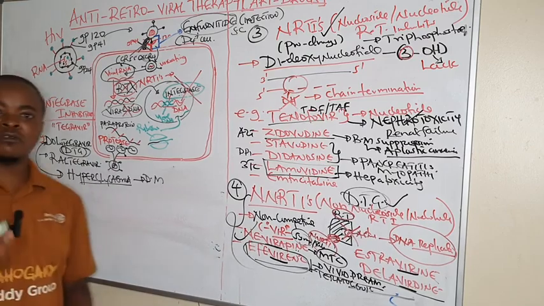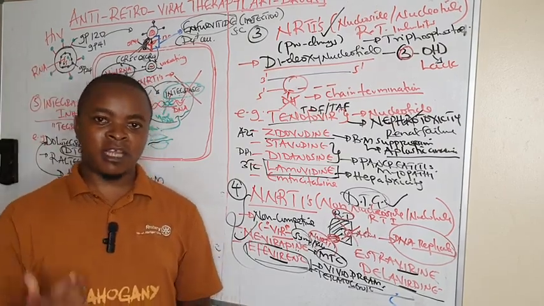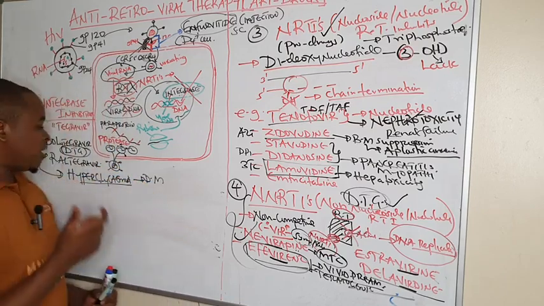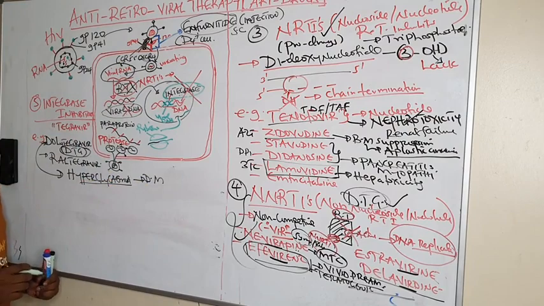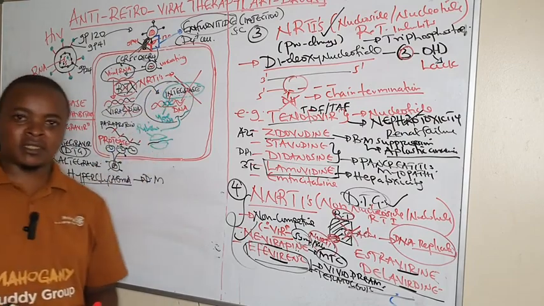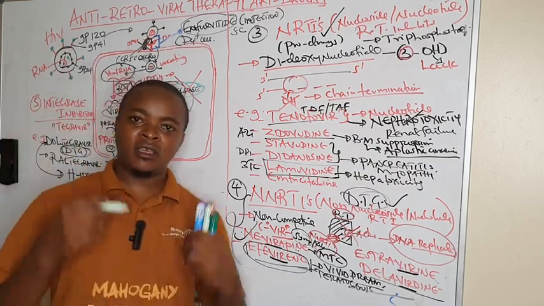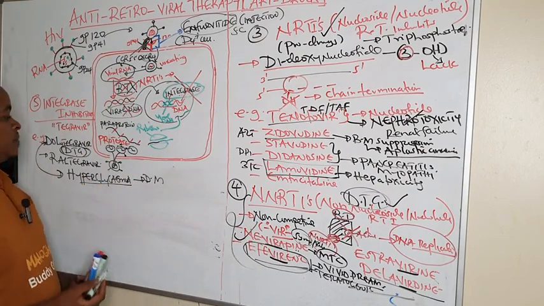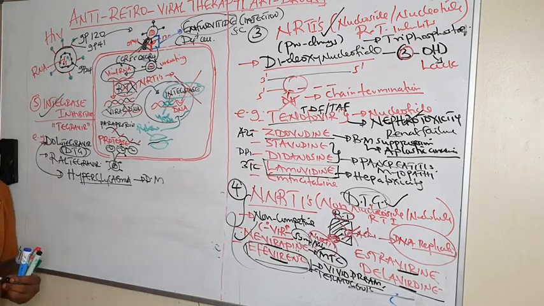Before you give it, always measure the blood sugar levels so that you can rule out diabetes before you embark on giving your patient DTG, which inhibits the integrase enzyme, preventing incorporation of the viral DNA into the host DNA. So that is what we can discuss under integrase inhibitors.